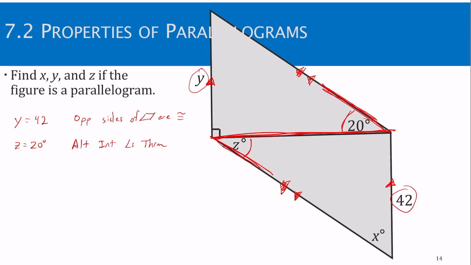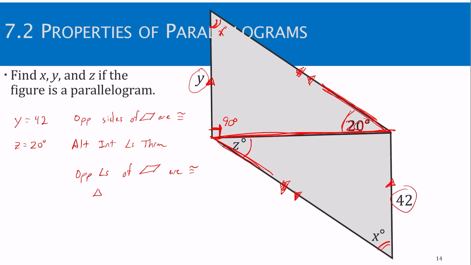which leaves x. Well, up here we know this one's 90 degrees, and we have the 20 degrees, and this angle is the same as x, because opposite angles of a parallelogram are congruent.